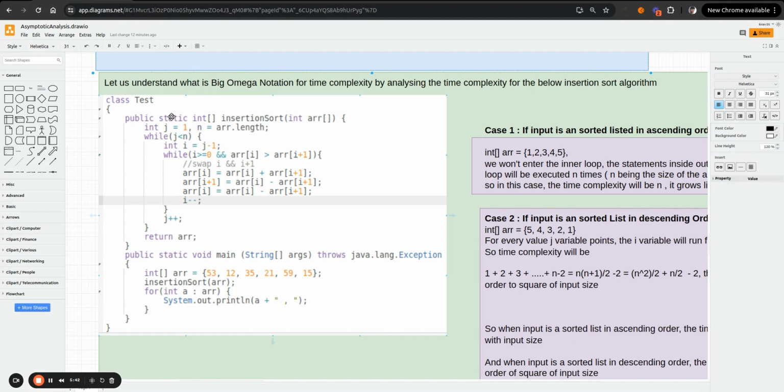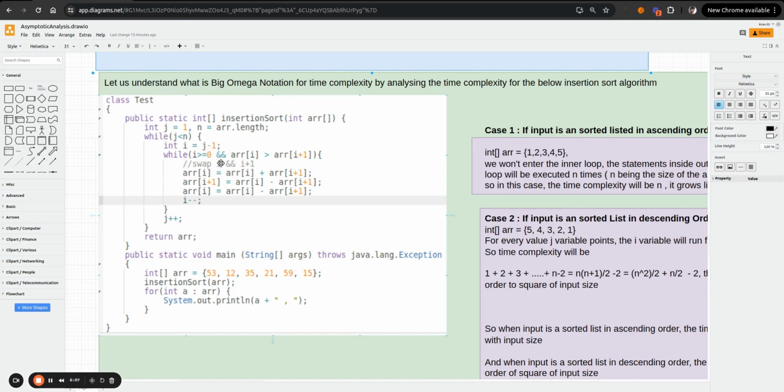Here is the computer program written in Java for this algorithm. Here we have two loops. One loop traverses from the second element of the array all the way to the last element, and inside this we have an inner loop which traverses back from j minus 1 all the way to the first element, and it does the sorting.